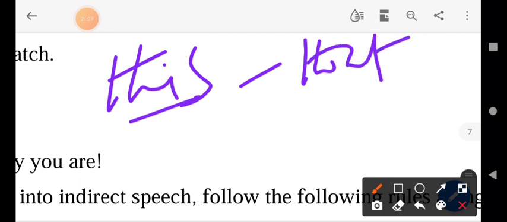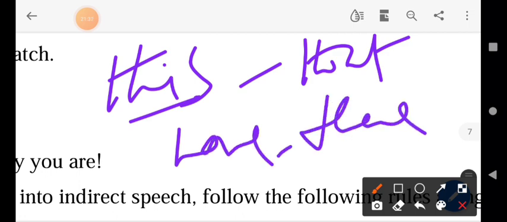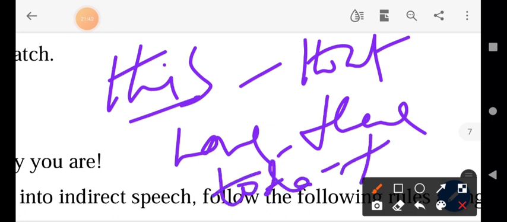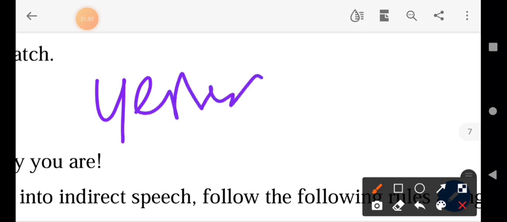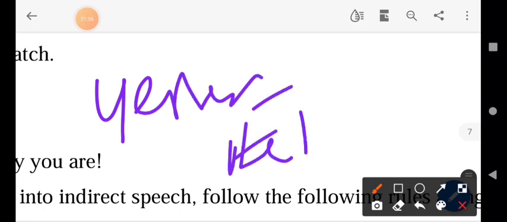We have already known all this: here changes into there, now changes into then. Today changes into that day. Tomorrow changes into the next day. Yesterday changes into the previous day, or the day before.